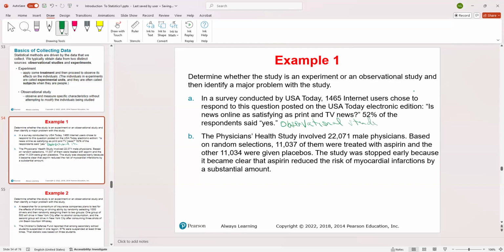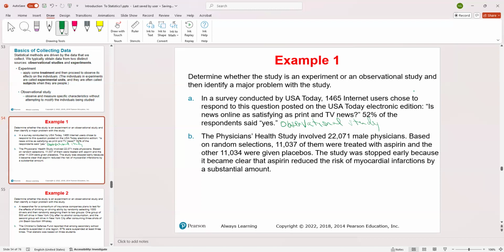We're going to consider this one an observational study because the sample is a convenient sample consisting of subjects who decided themselves to respond. That's really voluntary. Such voluntary response samples have a high chance of not being representative of the larger population.